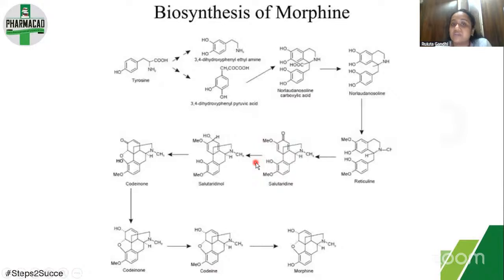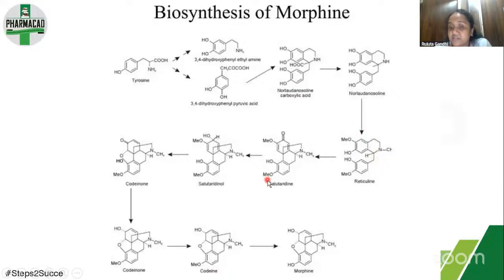I have put that slide. It is prepared from tyrosine, then norlaudanosoline carboxylic acid, and norlaudanosoline is present. If you see here, reticuline is present. Generally this is S-reticuline, then it is converted to R-reticuline and further to salutaridine. This is the key intermediate step, because cyclization takes place after this.